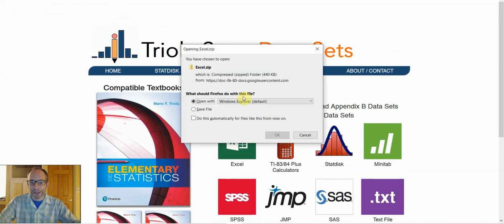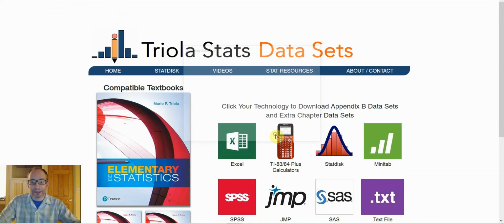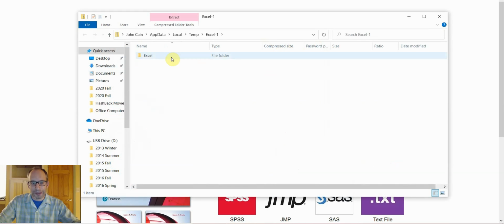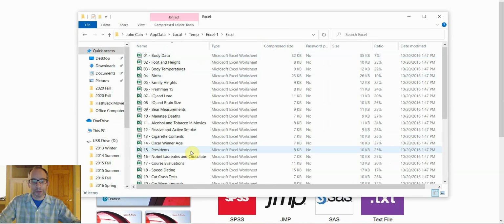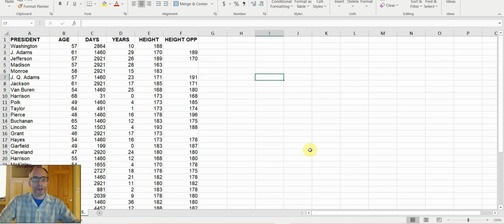And I guess this will give you the zip file, and then they're in there. Because then, there they are. So we want this 15 presidents one, which I actually have open already. It's right here. And it just has all the presidents with how old they were when they were elected.